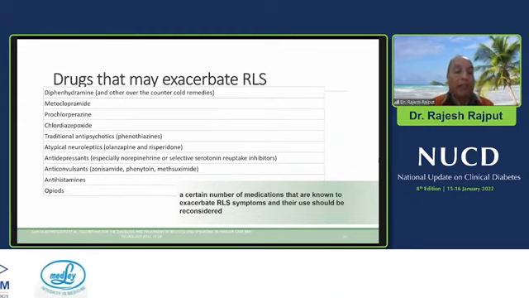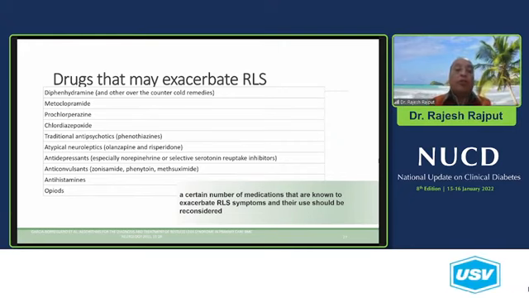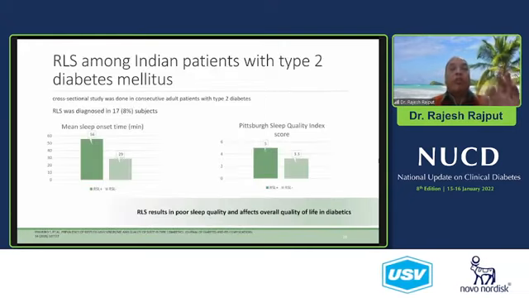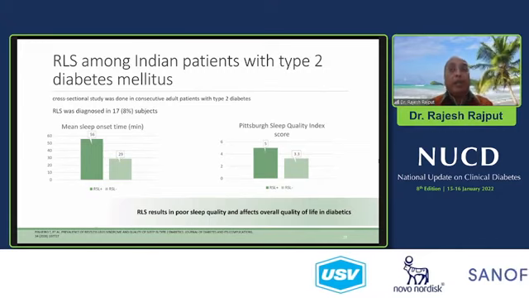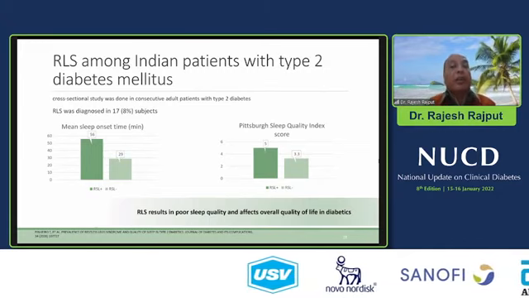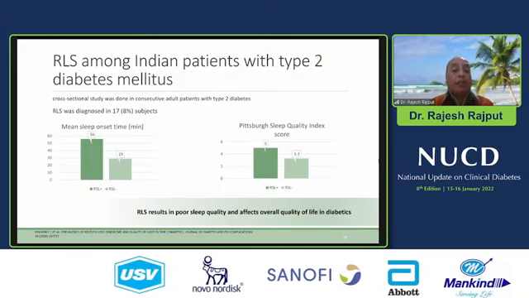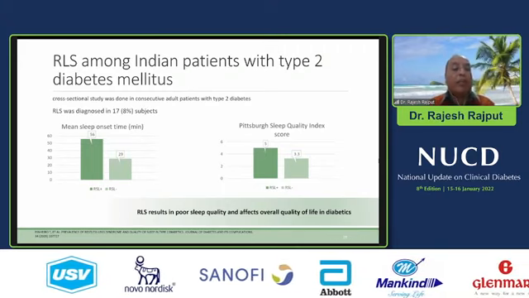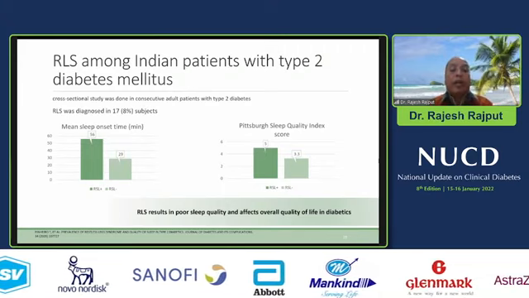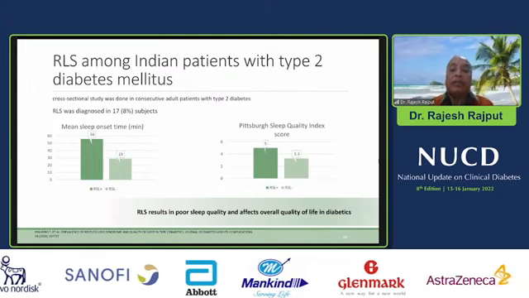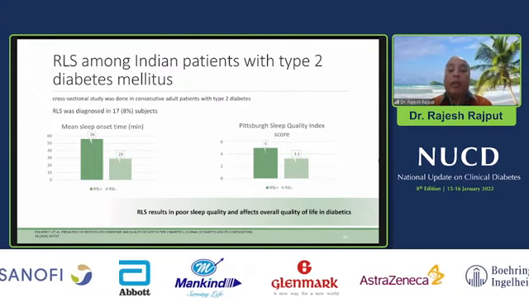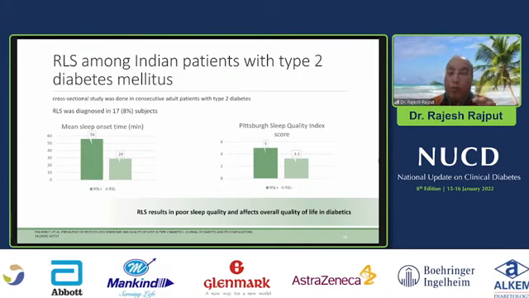We use anticonvulsants, which can again exacerbate restless leg syndrome. So remember, a number of drugs which we give in diabetic patients are actually exacerbating restless leg syndrome. It is common among patients with type 2 as well as type 1 diabetes. And as you see clearly in this cross-sectional study, it results in poor sleep quality and overall poor quality of life in diabetic patients.